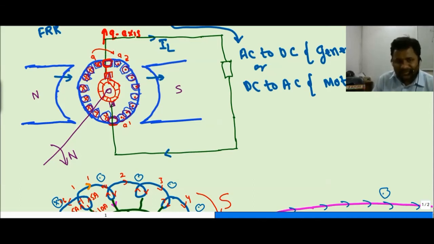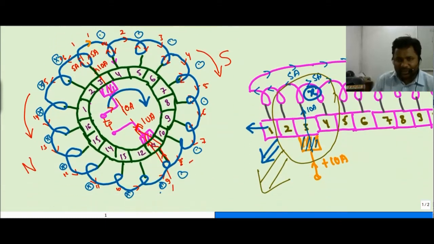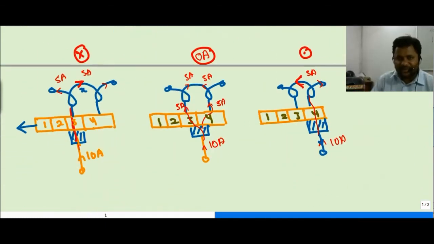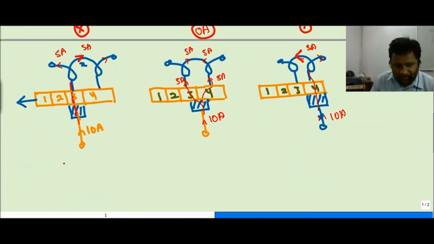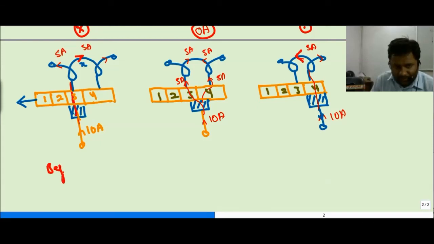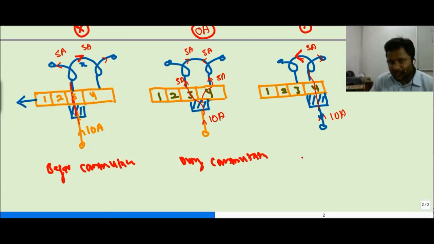Similarly, if the dot is there, when it passes the axis of this brush, it becomes a cross. This is called the axis of commutation, where we are reversing the current. So we call it before commutation, here during commutation, and after commutation.